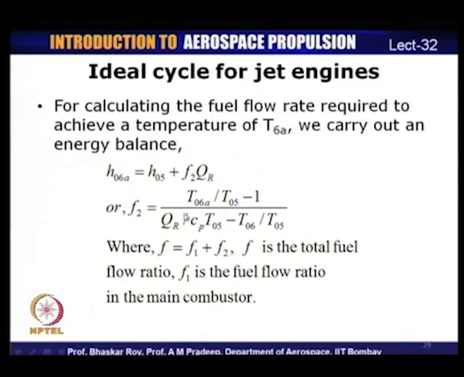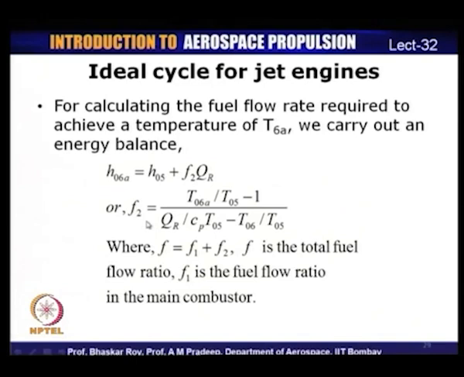So, F2 we can calculate as (T06A by T05 minus 1) divided by (QR by Cp times T05 minus T06 by T05). Here the total fuel flow rate will now be equal to two components, F1 plus F2, where F1 is the fuel added in the main combustor and F2 is the fuel added in the afterburner.